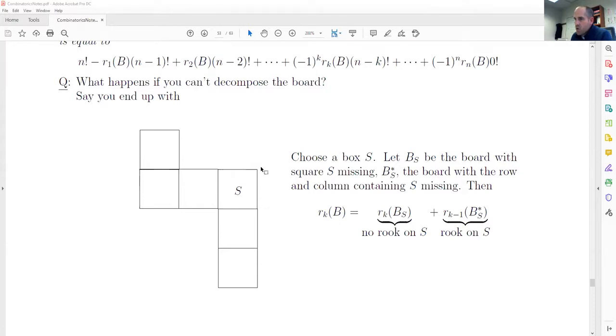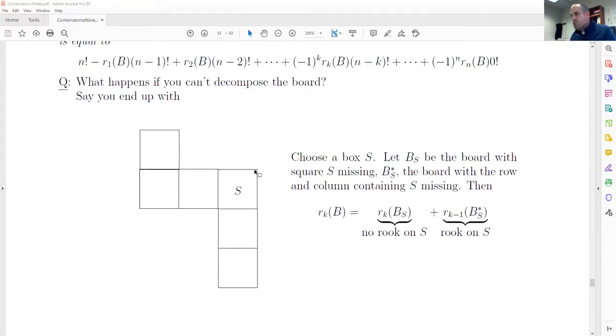Look at it, it's kind of at a corner, and you can tell that if this square weren't here, then this board here and the remaining 3 squares up here would be decomposed from one another. They wouldn't interact with one another in terms of placing rooks in these 3 squares versus these 2. And then we would have an easier go at trying to count things.